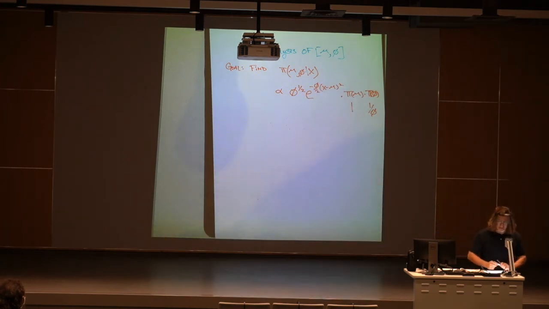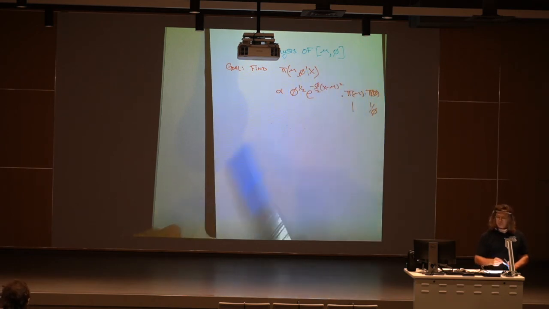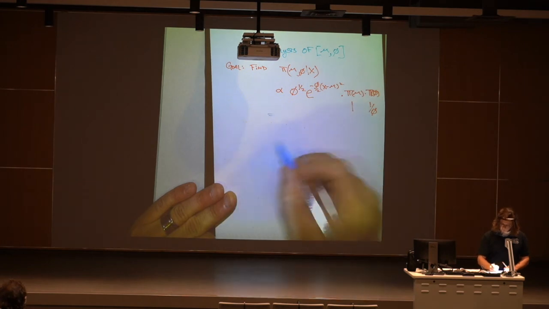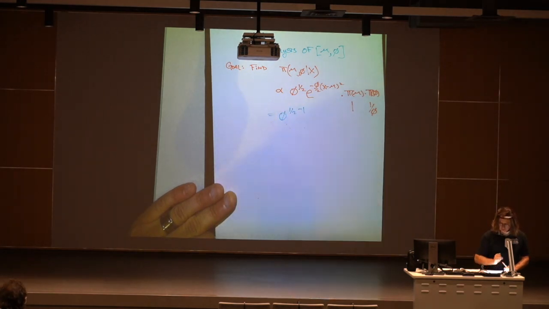So they might come back and say, well, now I want to know about both of them simultaneously. And the posterior distribution looks like this. So this is proportional to the posterior. This is just phi to the 1/2 minus 1, this is the minus 1 right there.